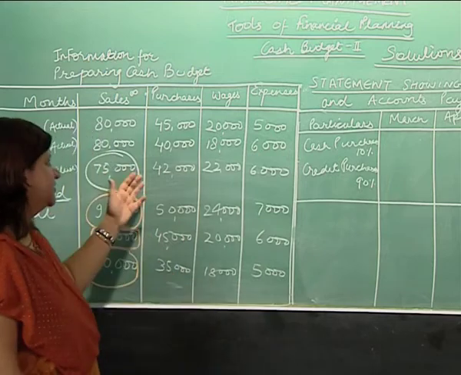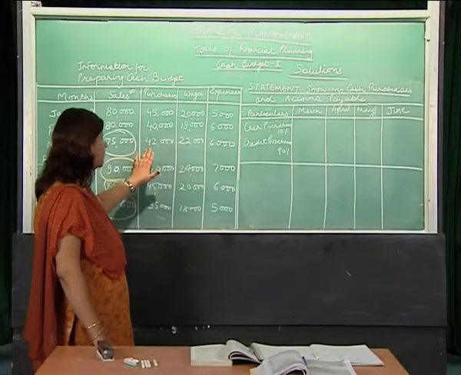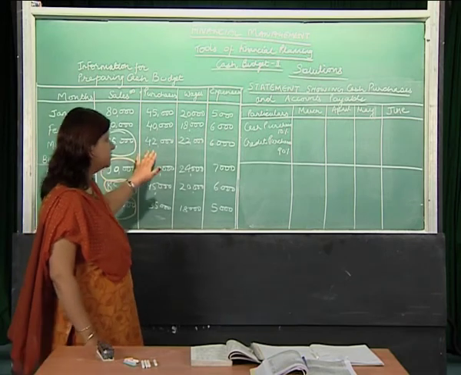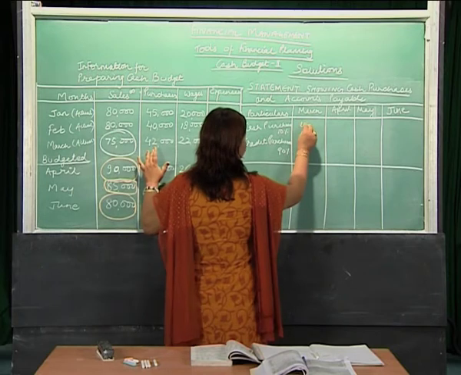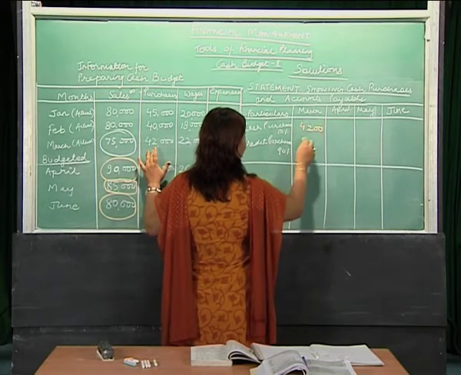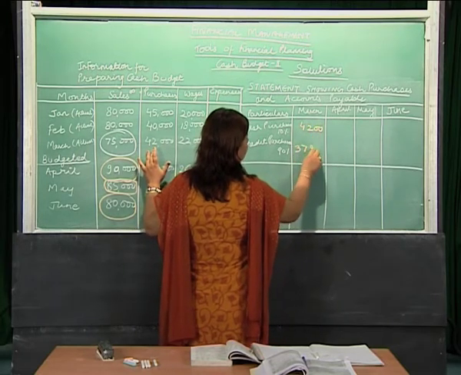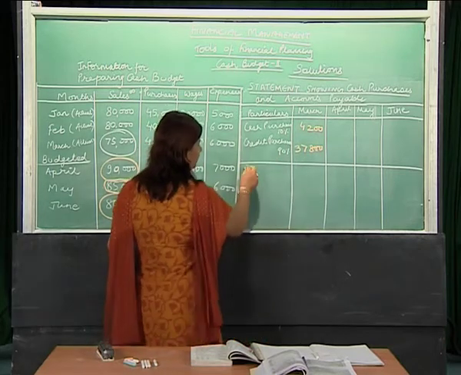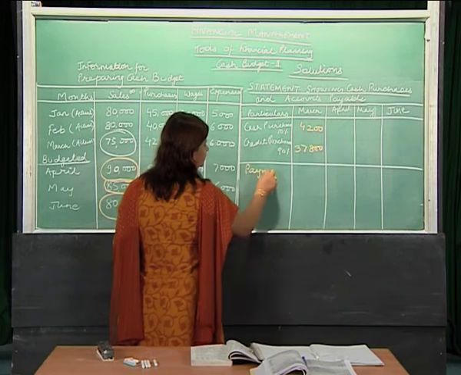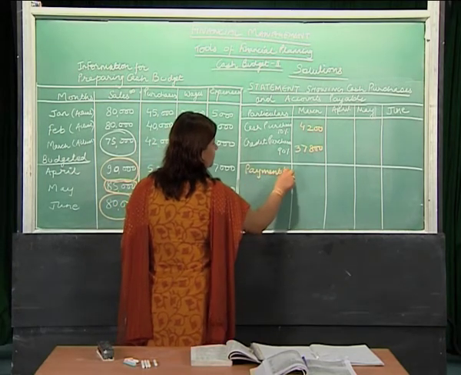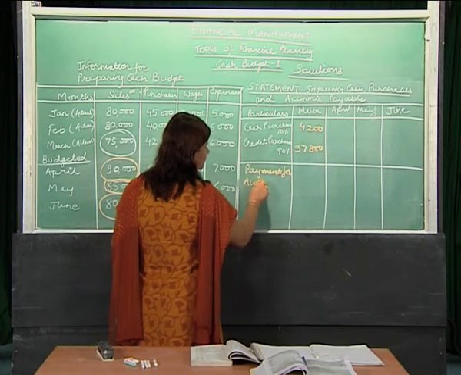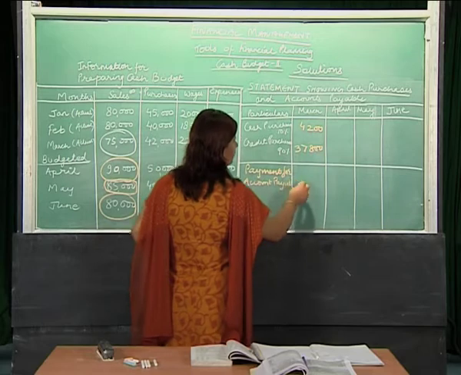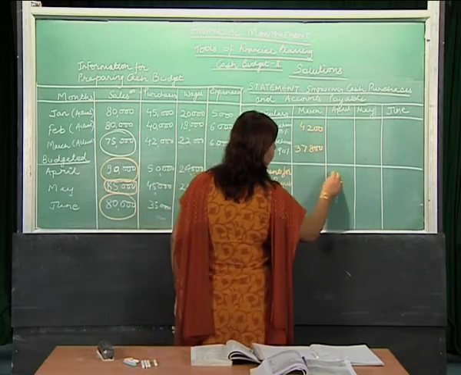So we are using these figures as total purchases of 42,000 is given for the month of March. So the 10% of it will be the cash purchases, and the remaining one, that is 37,800, shall be the credit purchases. So payment for accounts payable will be in the month of April.